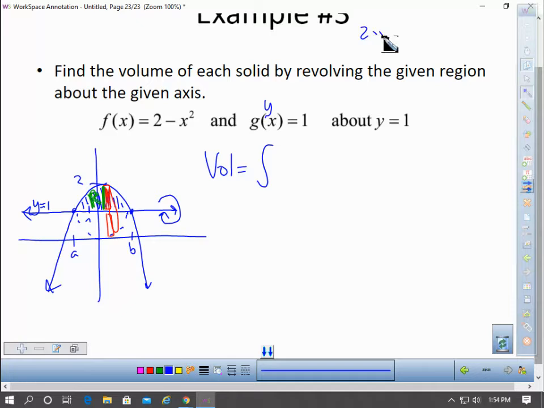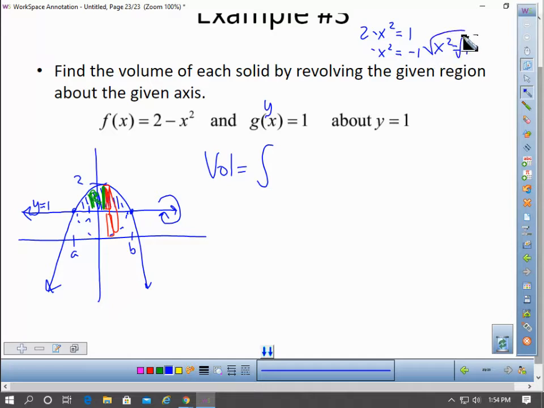So again, that's 2 minus x squared equals 1, because I want to know where the two of them intersect each other. So I set them equal. Then I'm going to subtract 2 over to the other side. So that'll give me negative x squared equals -1. Then I'm going to multiply by negative, so x squared equals +1. So now I know the square root of that is 1 and -1.